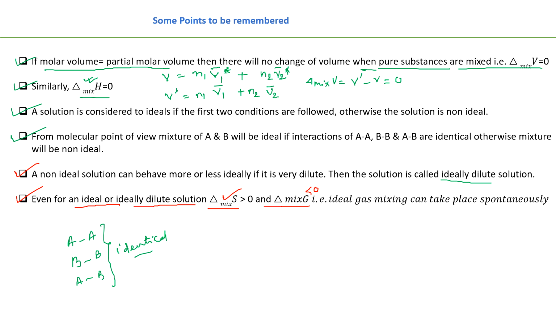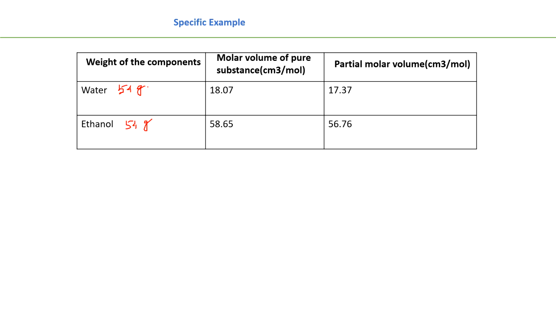Now coming to a specific example. You can try this on your own. Otherwise, we'll solve this example in the later classes. Here we have been given the weights of the two components, water and ethanol.